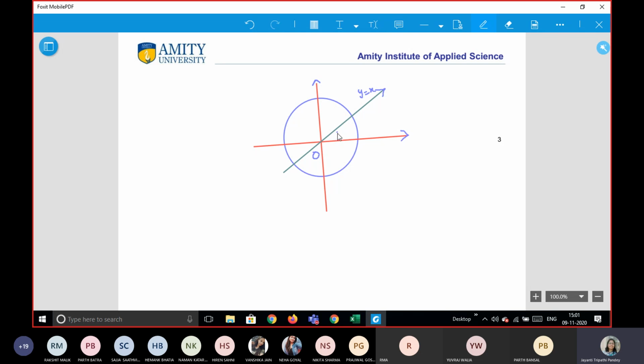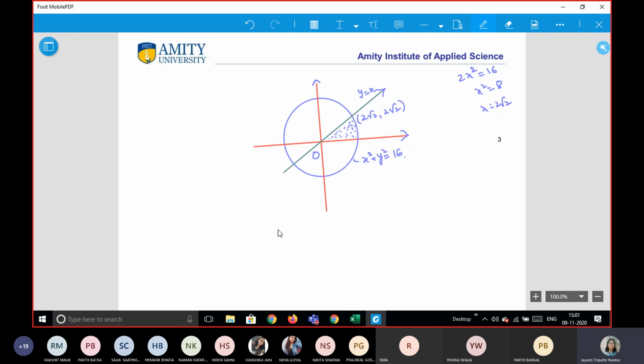So actually we are looking for this area. Now this is the circle x square plus y square is equal to 16. So when we put x is equal to y, what are the points of intersection? So you will get 2x square is equal to 16, x square is 8, x is 2 root 2. So this is the point 2 root 2 comma 2 root 2.